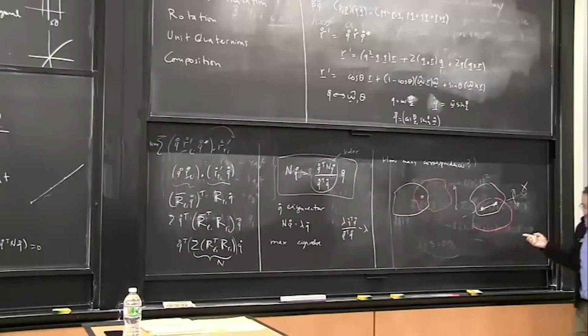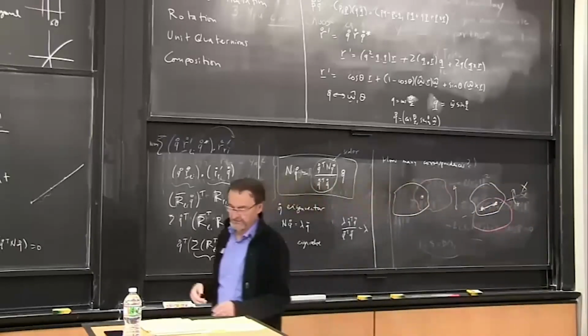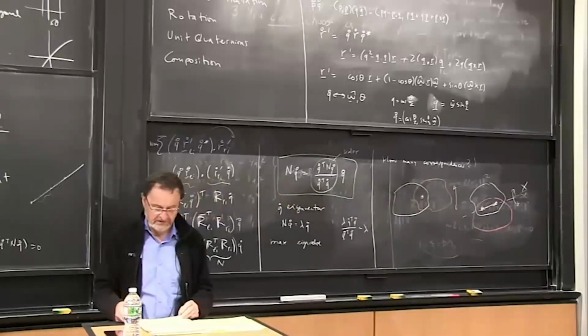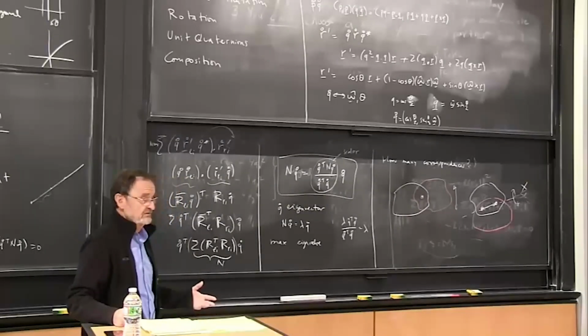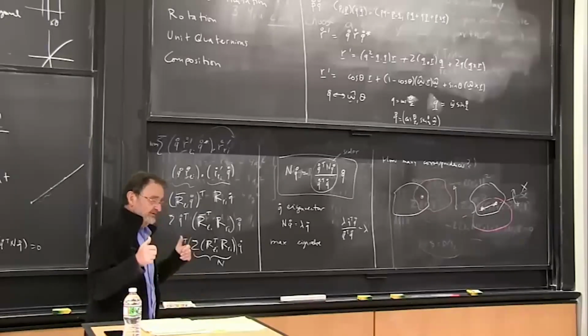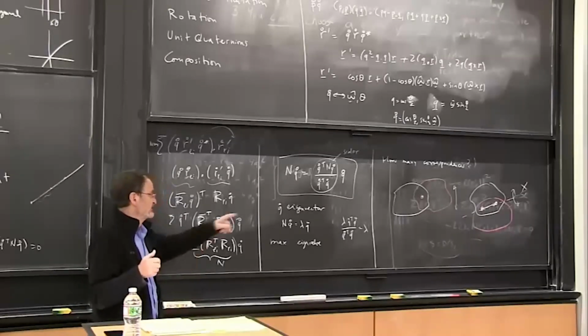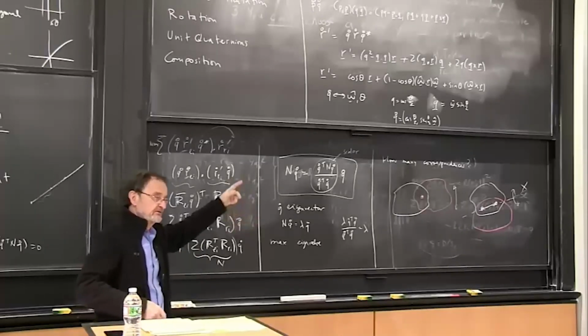True, we have 6 numbers, but there's also 1 that's not worth anything new. And so we only have 5 constraints. So yes, we've got just 1 left, and it perfectly makes sense. We only have 1 degree of freedom left. We can rotate about this axis.